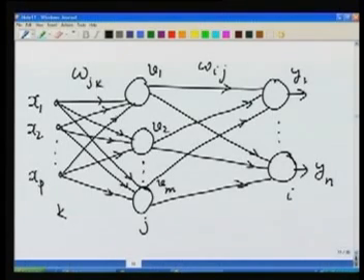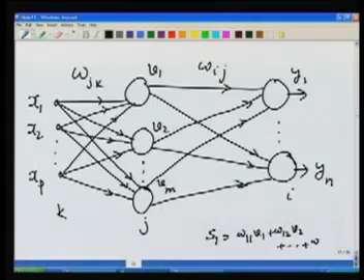For example, I want to compute what is y 1, I will first compute what is s 1, and s 1 is W 1 1 V 1, W 1 2 V 2 and so on, plus W 1 m into V m.